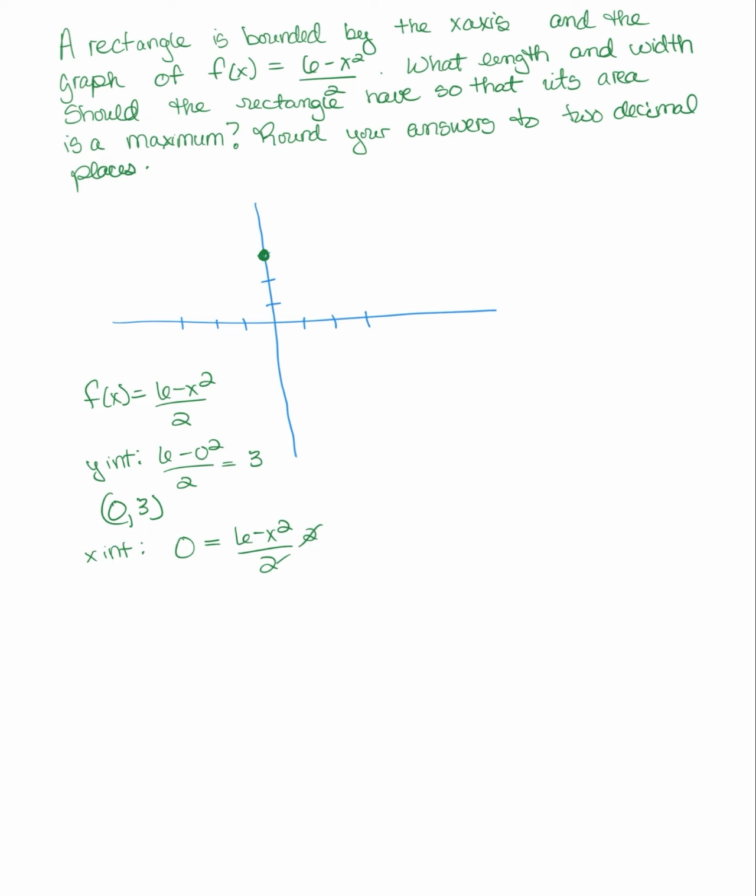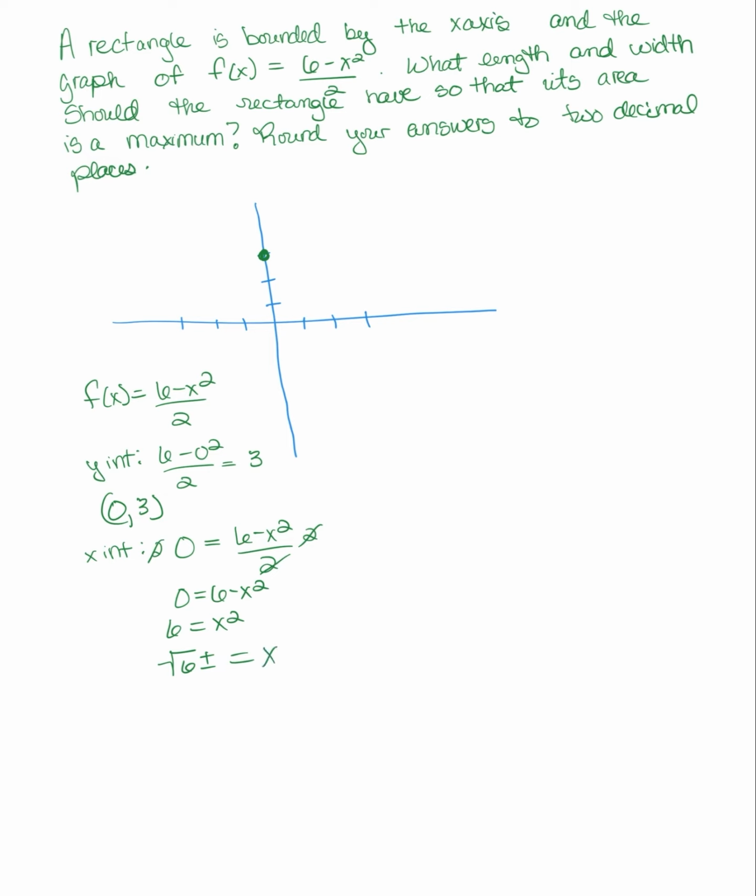Same thing here, multiply, that goes away, that's still 0. So 6 minus x squared equals 0 is what we'll be working with. Then we have 6 equals x squared. And then we have the square root of 6. We have plus and minus square root of 6 equals x.